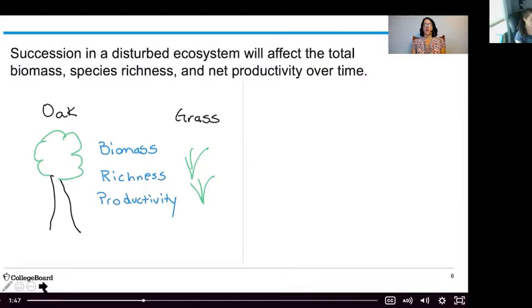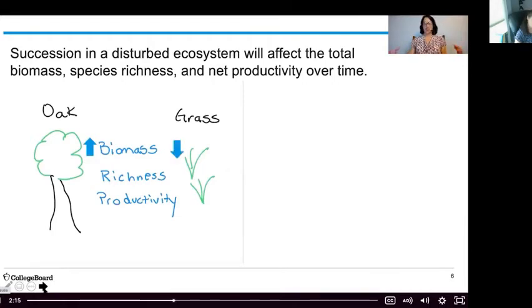So first we have a mature ecosystem that has gone through that whole process of succession, and after quite a long period of time, I have a big mature oak tree versus an area that's been newly disturbed and is predominantly grasses. Remember, biomass is the mass of all the biological material. So obviously a mature oak forest is going to have a much greater biomass.